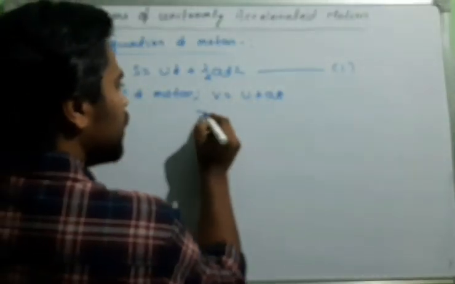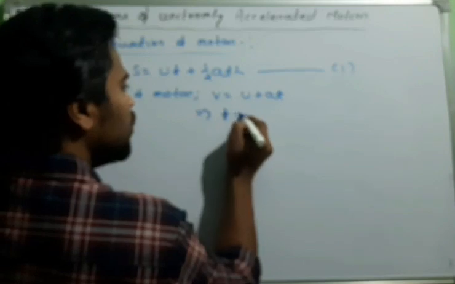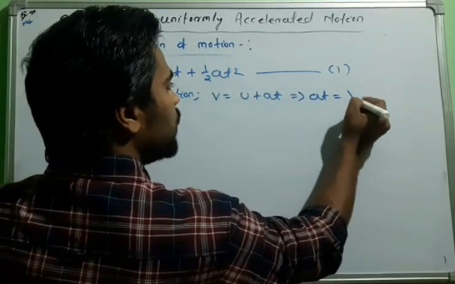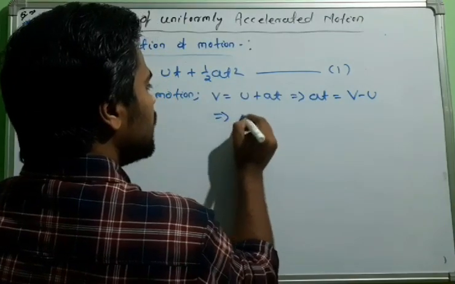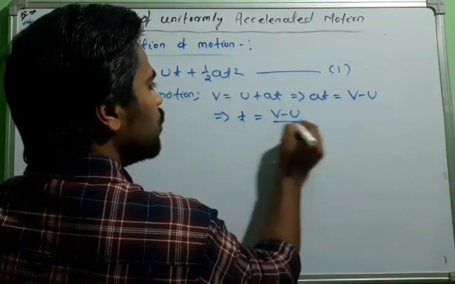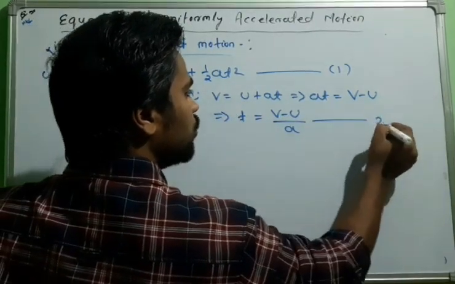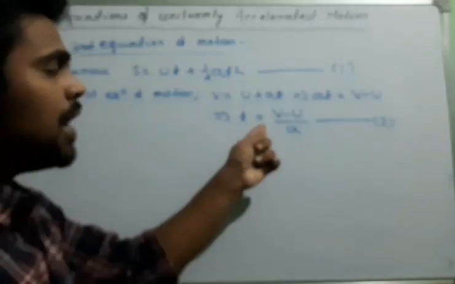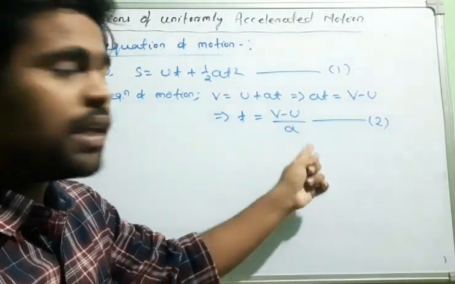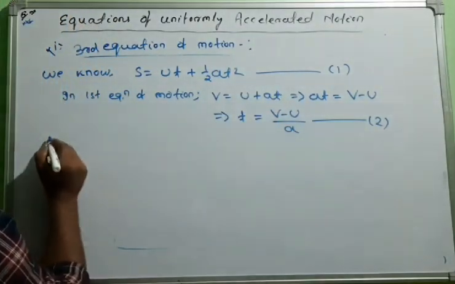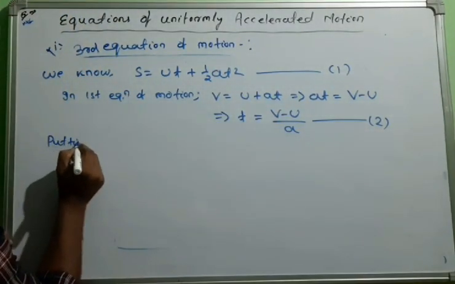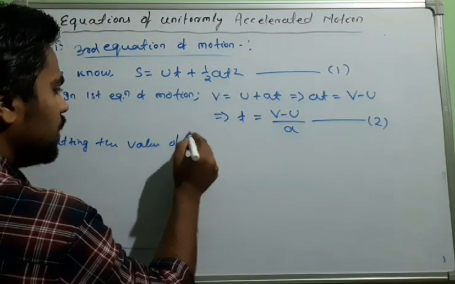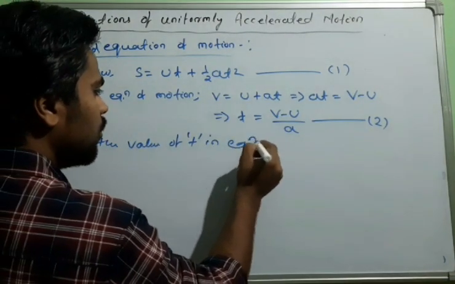From that we can find T. That means AT is equal to V minus U, that means T is equal to V minus U divided by A, equation 2. Clear or not? Now I am putting the value of T in equation 1.